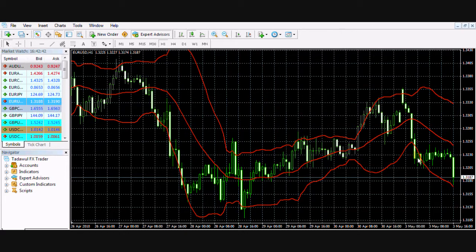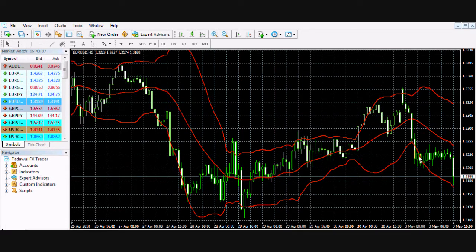It's closed below it, but it's very, very close to it. Personally, I probably wouldn't have taken that trade, but it's entirely up to you according to your trading style. Now, if you had taken that trade, this candle closed below the Bollinger Band, put your stop loss a few pips, maybe 10, 20 pips up here, you would have actually been able to grab quite a few pips here. So, you know, it works out sometimes.